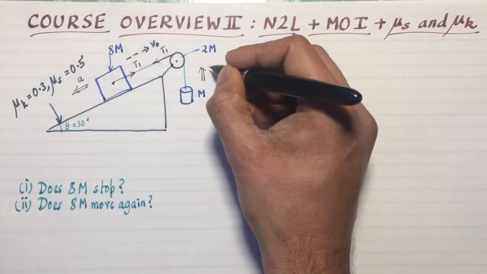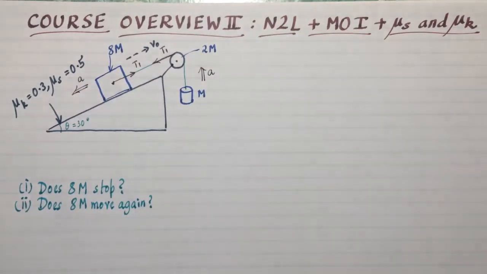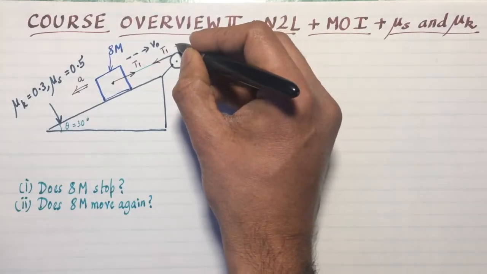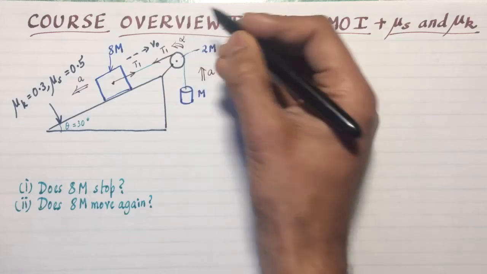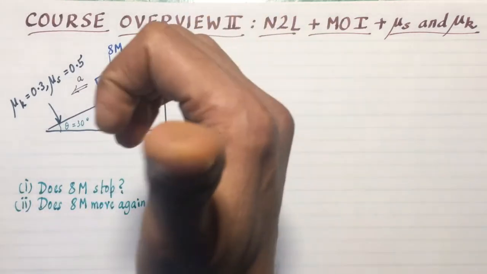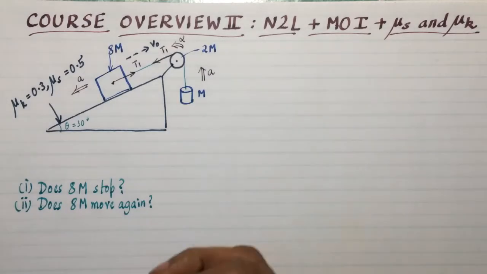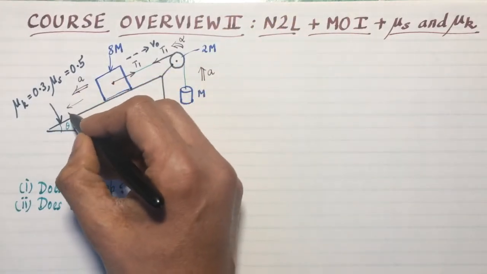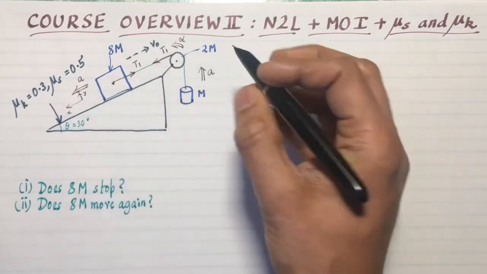Because the string is not stretching, this is also going to go up the same way, and the pulley is going to accelerate with an angular acceleration alpha that's consistent with the direction of a, and that direction is out of the page or positive because it's counterclockwise, and this is down. I'll take this to be the x-axis and the y-axis to be that.